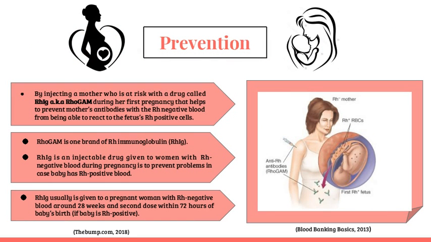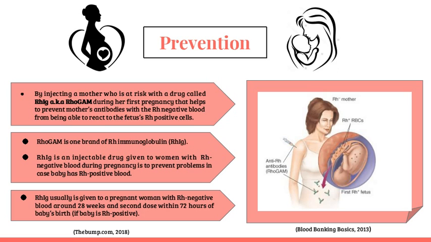Fortunately, HDN is a very preventable disease. Because of the advances in prenatal care, nearly all women with Rh-negative blood are identified in early pregnancy by blood testing. If a mother is Rh-negative and has not been sensitized, she is usually given a drug called Rh immunoglobulin, Rh-IG, also known as RhoGAM.